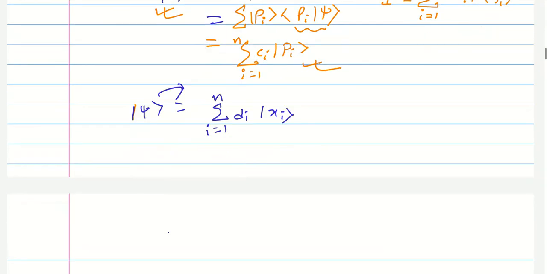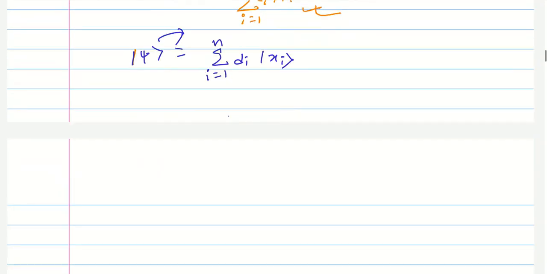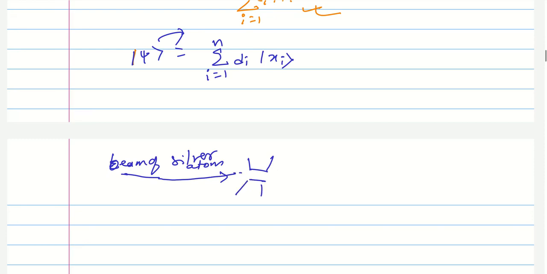So for Stern-Gerlach case, if you see, so this was your beam of electron or beam of silver atom. So this beam of silver atom, it was passing through magnetic field, and then it is splitted into two. Either it went up or it went down.